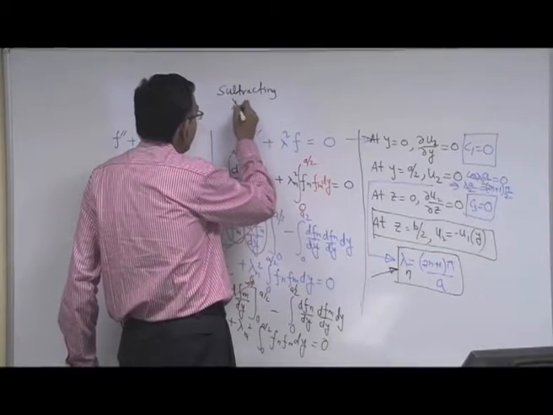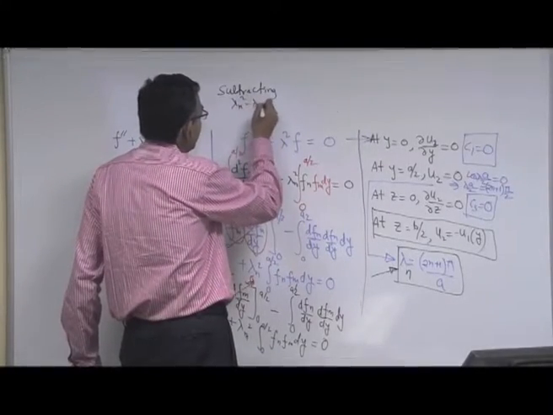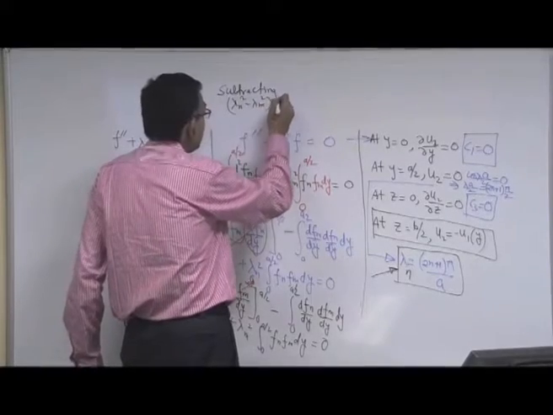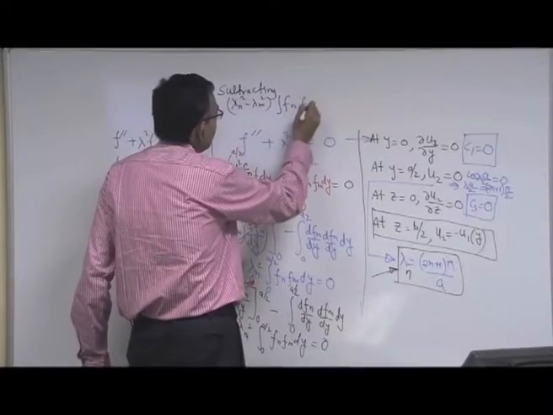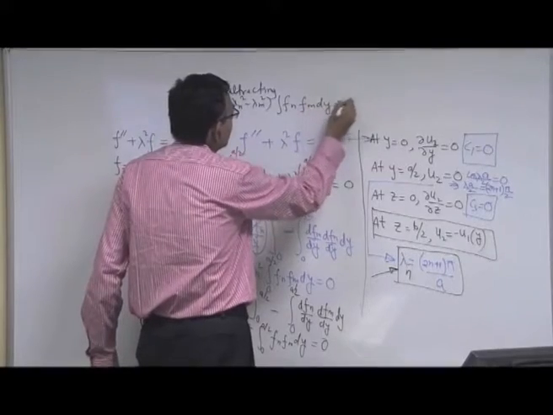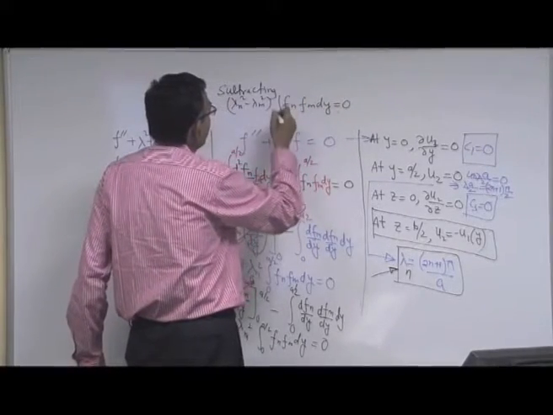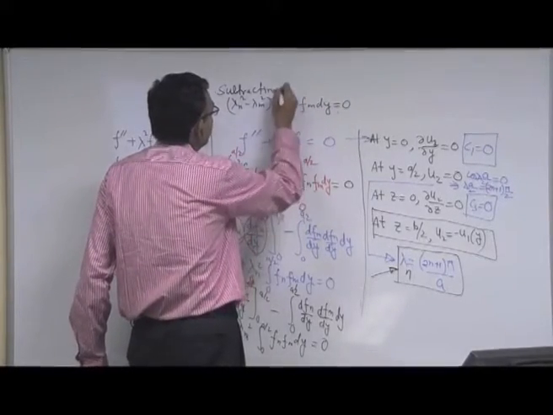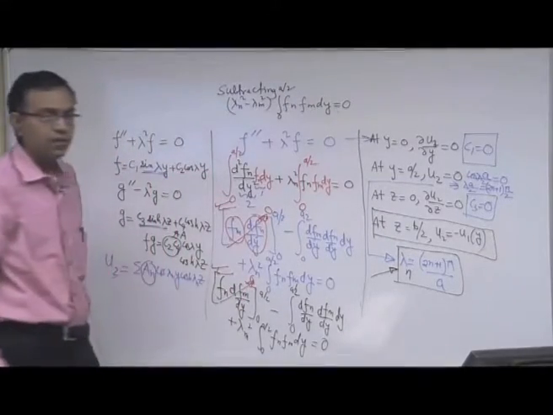So, lambda n square minus lambda m square integral fn fm dy is equal to 0 from 0 to a by 2. So, what can we conclude from here?